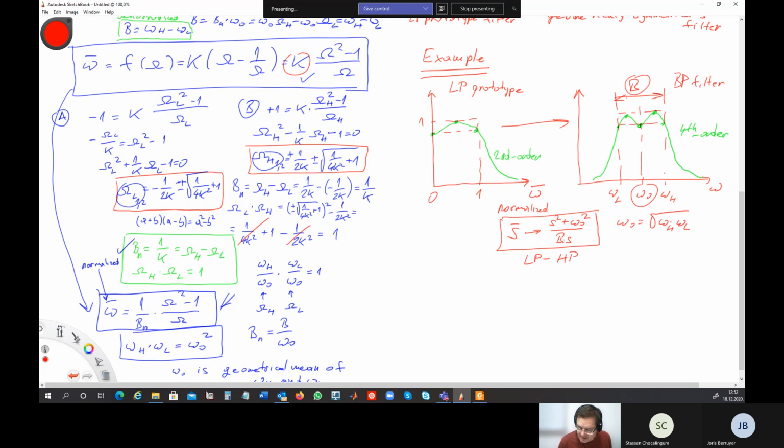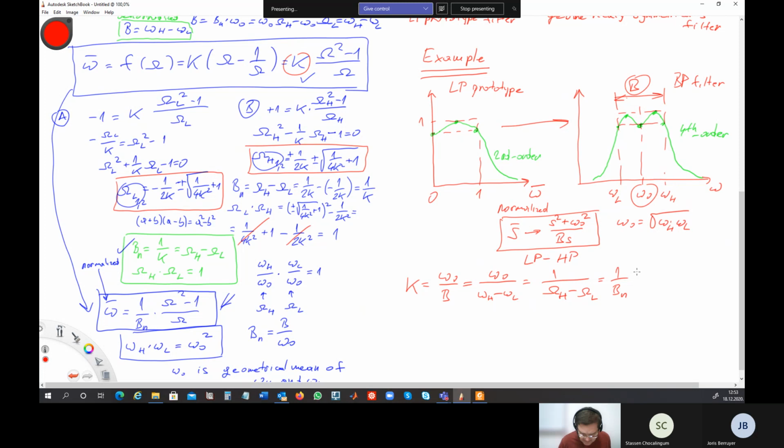Now at the end I would just like to say what K is. K is equal to omega 0 over B, which is equal to omega 0 over omega H minus omega L, or which is equal to 1 over omega H if we use normalized omegas, or this is 1 over Bn.